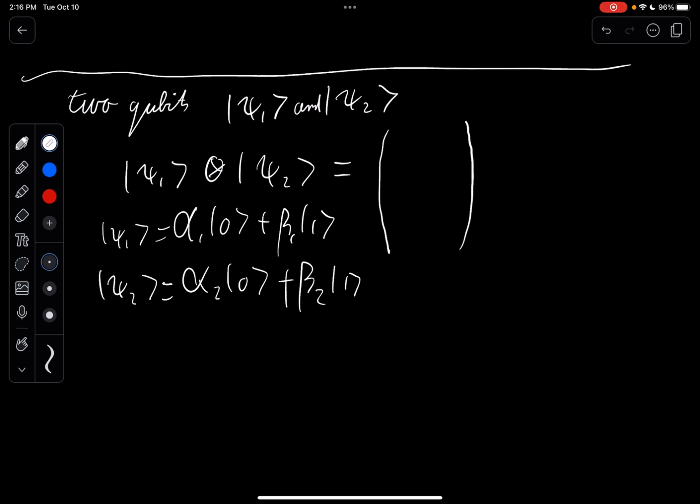We first write down alpha 1 here, and then we write the whole of psi 2. Well, psi 2 in vector notation was alpha 2, beta 2. And now we do the same thing here, but with beta 1.